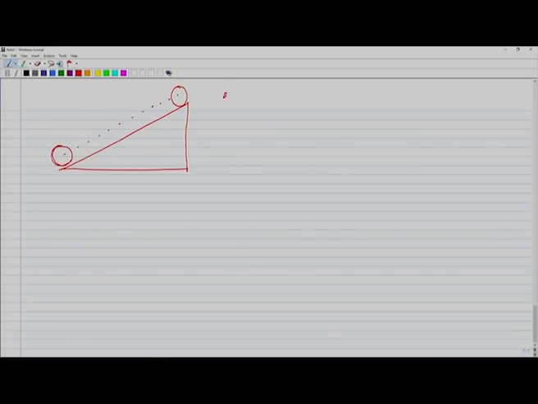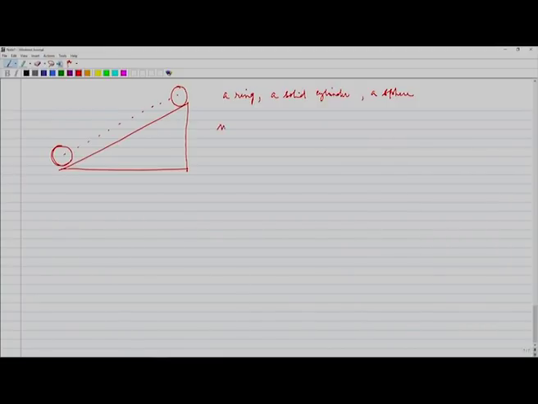So I have a ring, a solid cylinder and a sphere. At the top, whatever it is, the object will have only potential energy. When it comes to the bottom, it will have only kinetic energy.